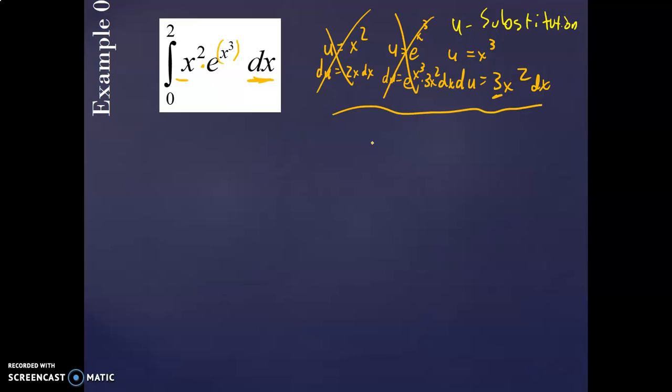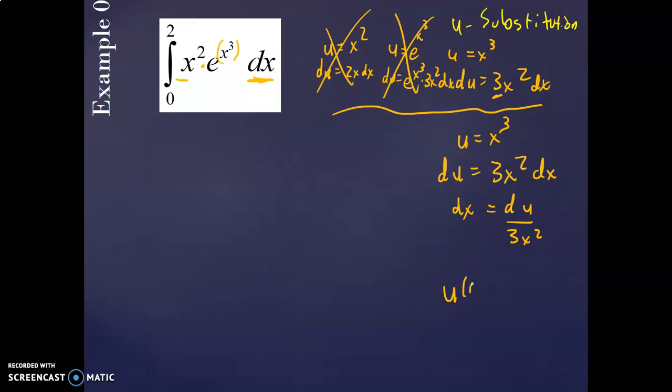So let's make it a little bit more clean. My u is x cubed, which means my du is 3x squared dx. For those of you who do it with the method where you solve for dx, that would mean that dx is du over 3x squared. Most of you guys don't need to show that because you won't be doing that. But if you solve by plugging in dx here and then canceling out your x squareds, then you would need this.